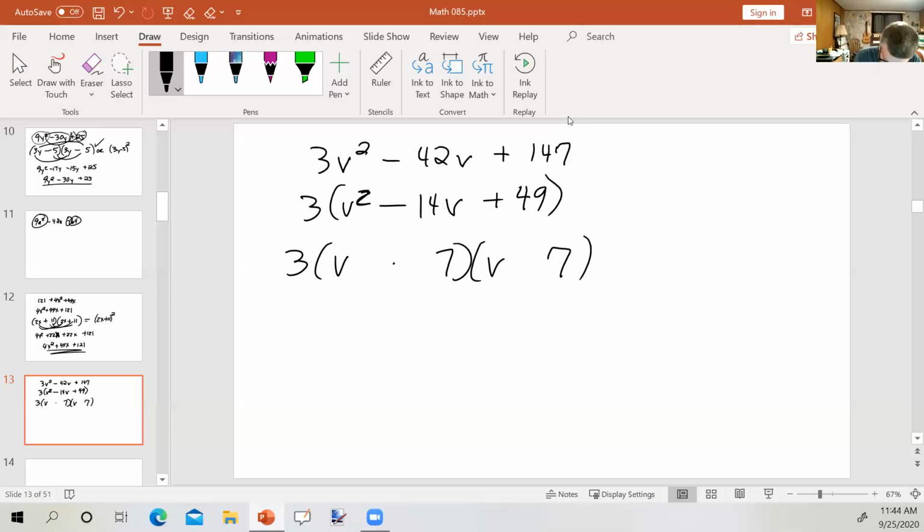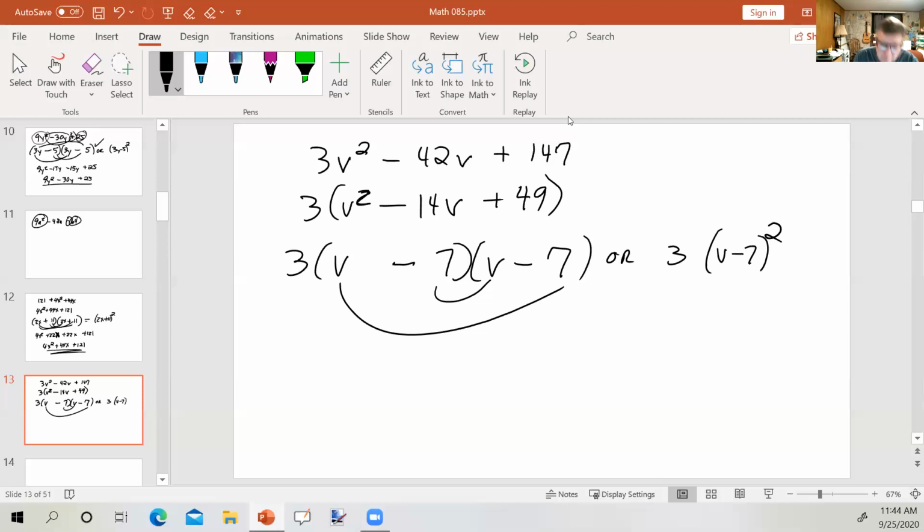So they'd be negative, right? Yes, because negative times negative gives you the positive 49, and we'd have the minus 7v minus 7v to get the minus 14v. And for writing it, would it be 3 parentheses v minus 7 squared? Bingo. Good job.